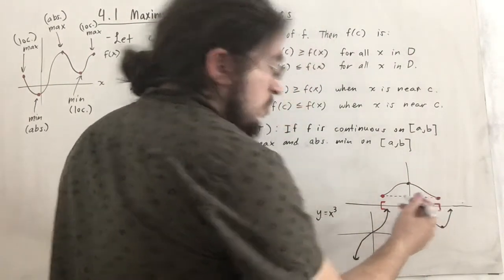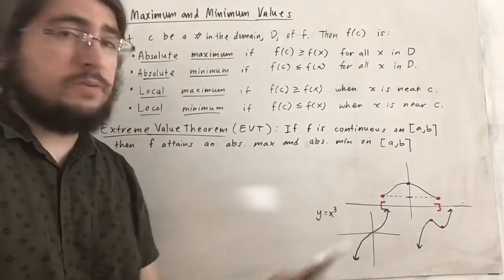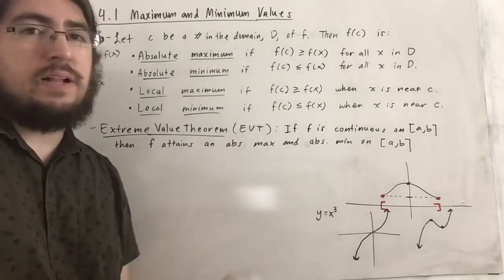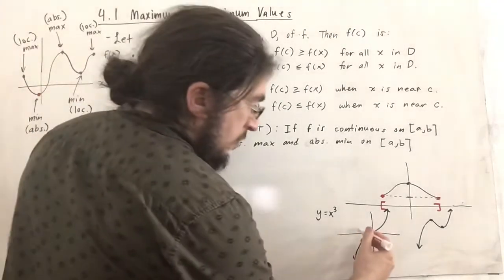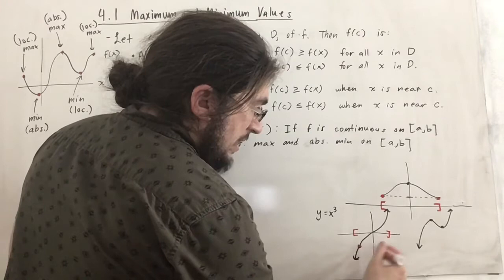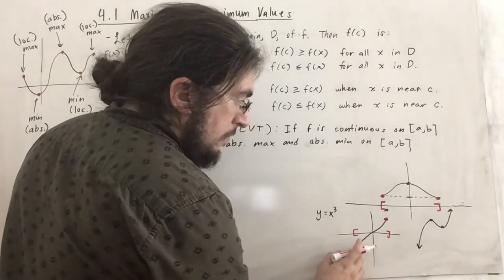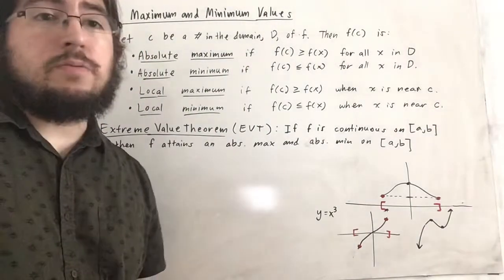That y value would be our absolute minimum. It would occur at two different x values, but the actual value isn't a point, it's the y value. So that's something to keep in mind. And similarly here, if we cut this off on a closed interval, then that sections this off like this. And now, before we didn't have an absolute max or absolute min, but now we do. Perfect.